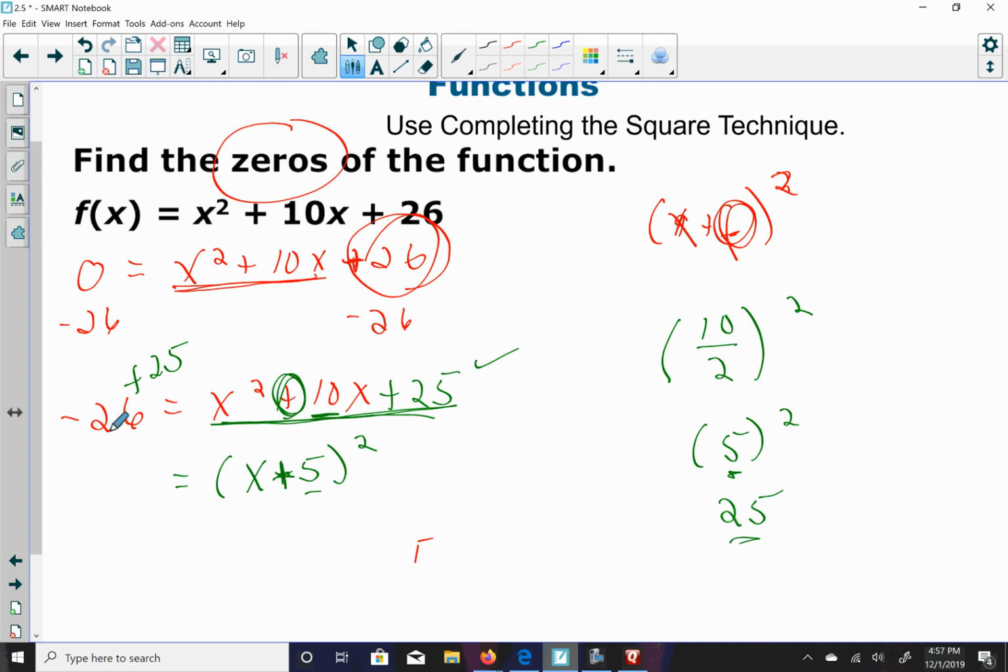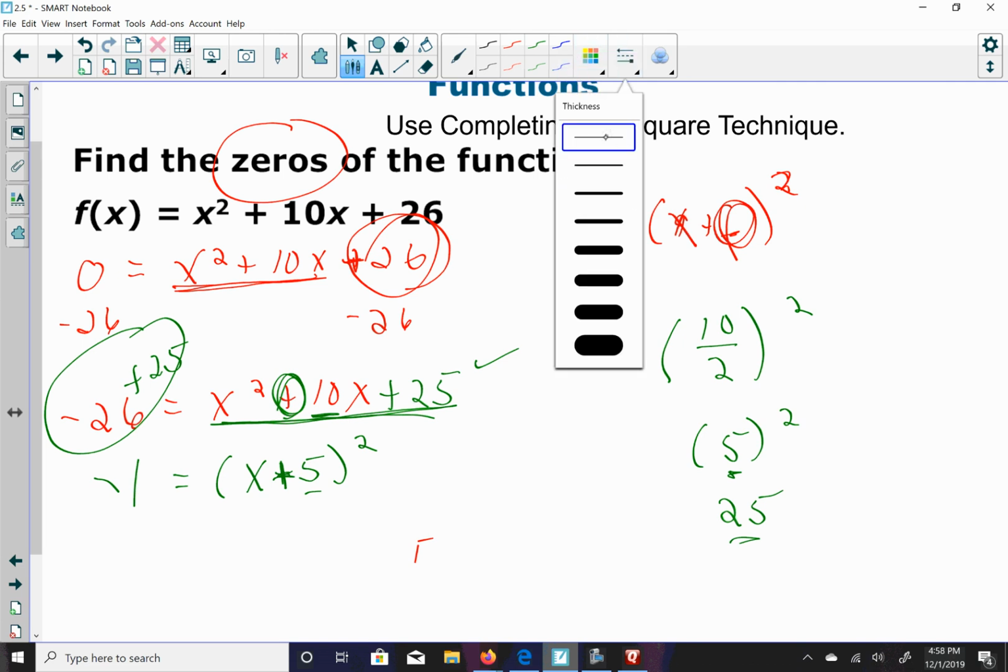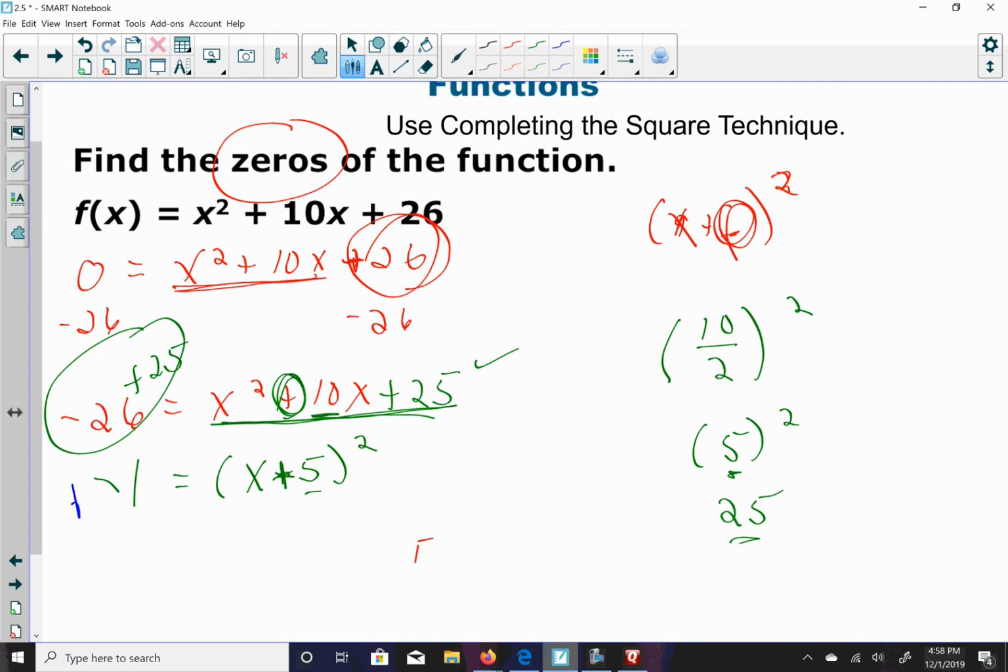When I add this negative 26 plus 25 here, I'm going to get negative 1. Now I have something that's squared on one side by itself, because the whole parenthesis is squared. So in order to solve this, I'm going to take the square root of negative 1, and the square root of x plus 5, that quantity squared.